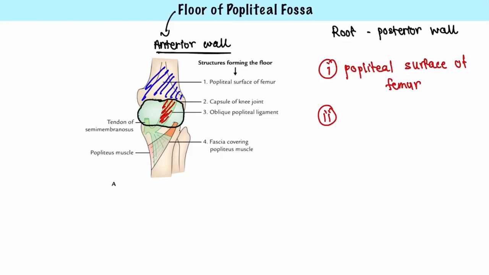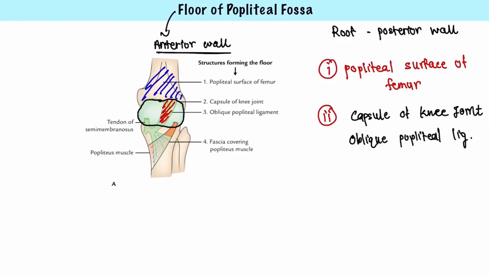So second is capsule of knee joint and oblique popliteal ligament. And the third, popliteal fascia covering the popliteus muscle. Popliteal fascia which covers the popliteus muscle.